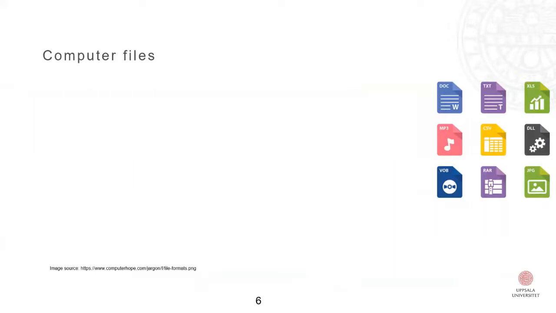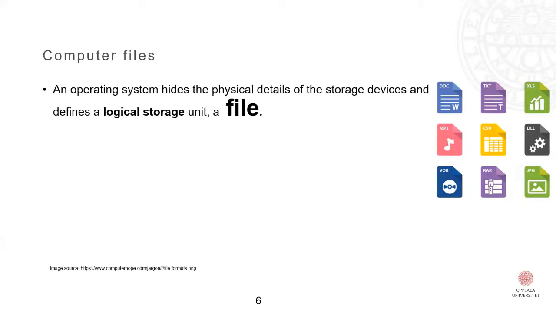So when we work with computers, we don't directly access the memory of the computer, and we don't know what the details are there. What we work with is computer files. An operating system is the one that actually hides all the physical details of the storage devices and defines a logical storage unit, which is called a file.